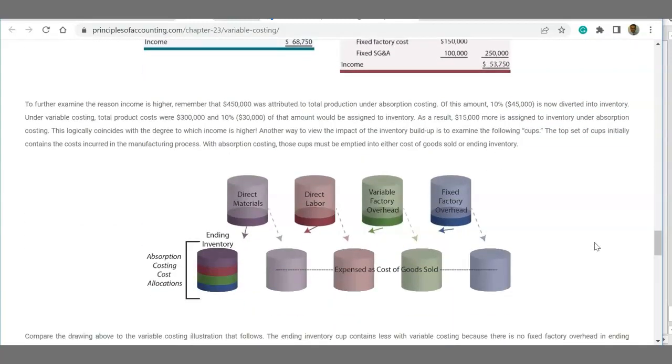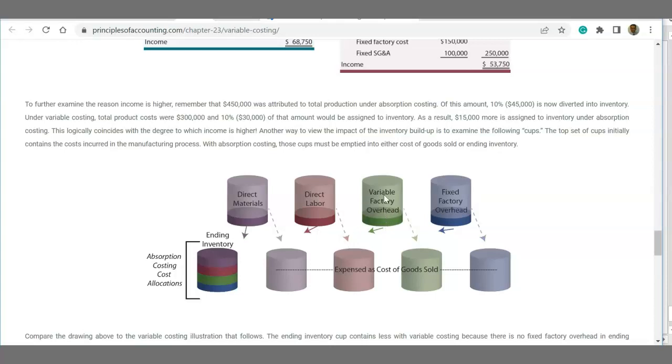So here is a picture. Let's see how it goes here. So absorption costing, cost allocation. Here is the ending inventory. Under absorption costing, direct materials goes in the ending inventory. Direct labor goes in the ending inventory. Variable manufacturing overhead goes in the ending inventory.